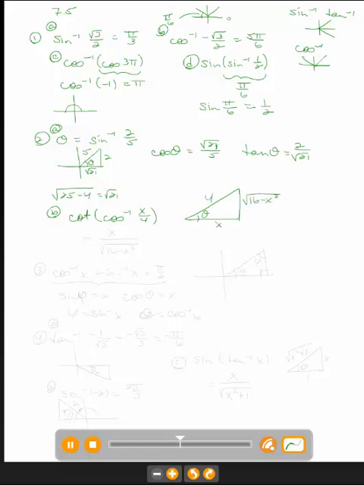And this guy would be the square root of 16 minus x squared. So if I'm now trying to find the cotangent of this, cotangent is the reciprocal of tangent. Tangent is opposite over adjacent. So cotangent will be adjacent over opposite. And there's the solution to that one.